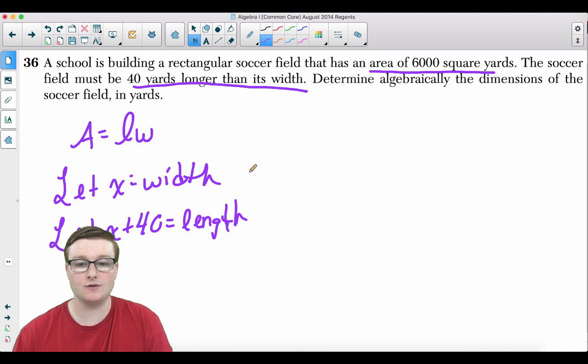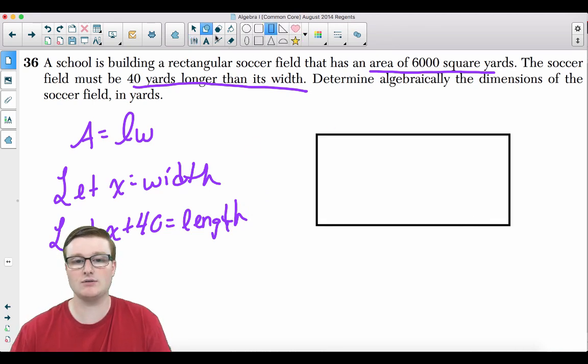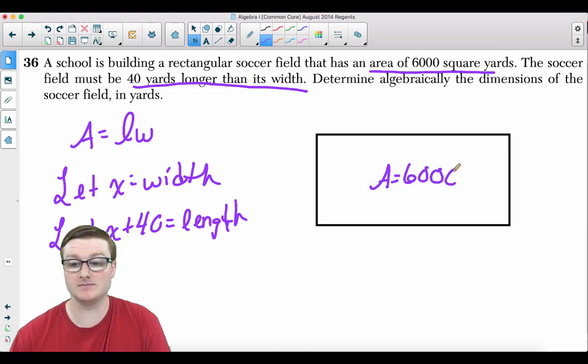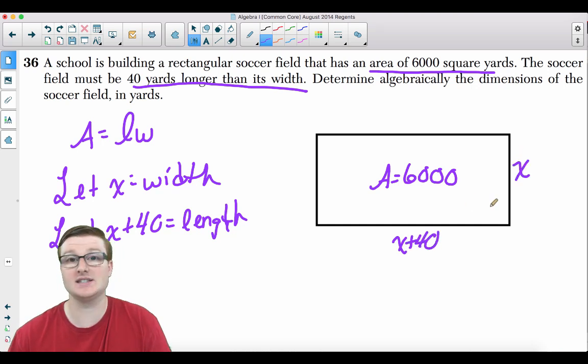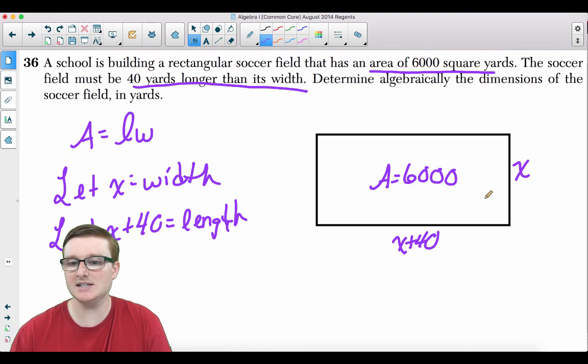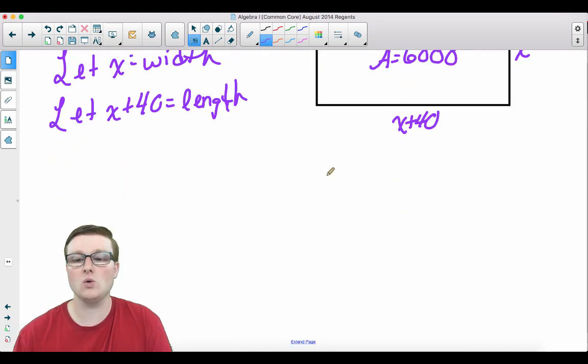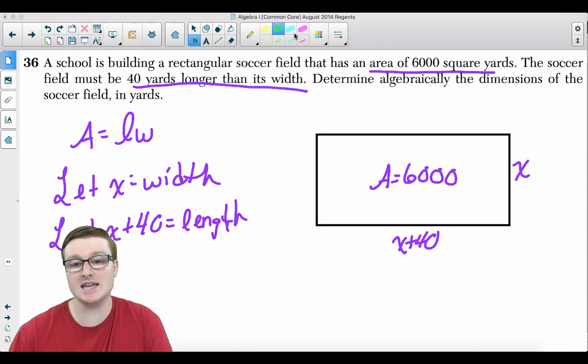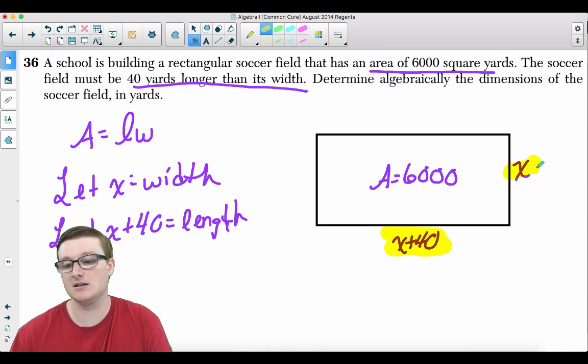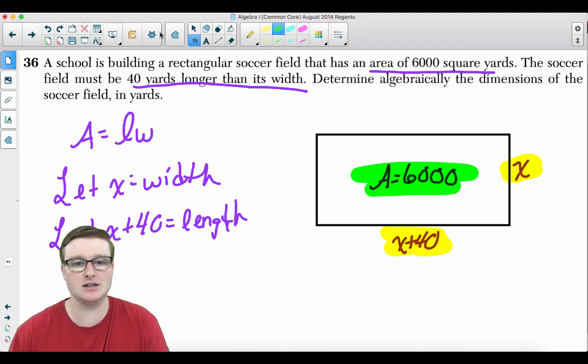So from here, I'm going to draw myself a rectangle where A, the area, is equal to 6,000. The length is x plus 40 and the width is x. Now it's saying determine algebraically the dimensions of the soccer field in yards. So we can just take the length and the width, multiply them, and set them equal to the area of 6,000.